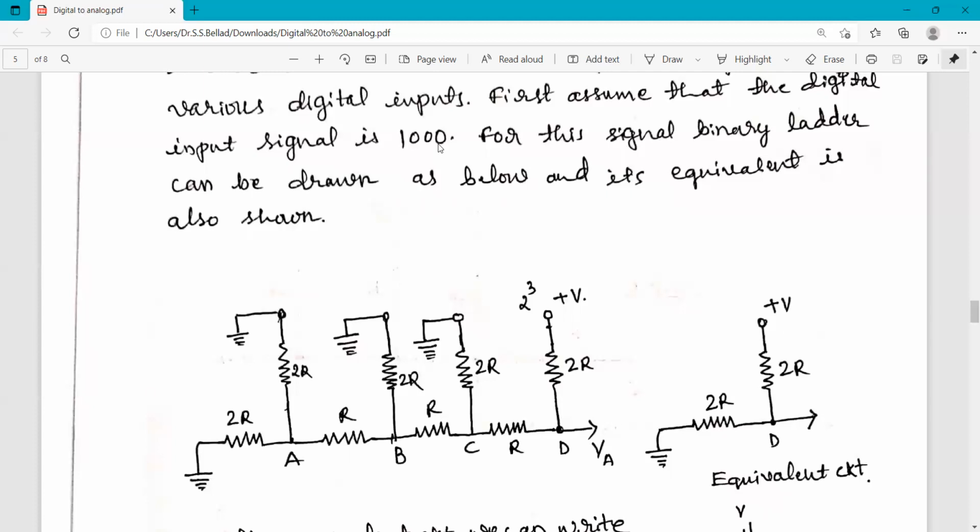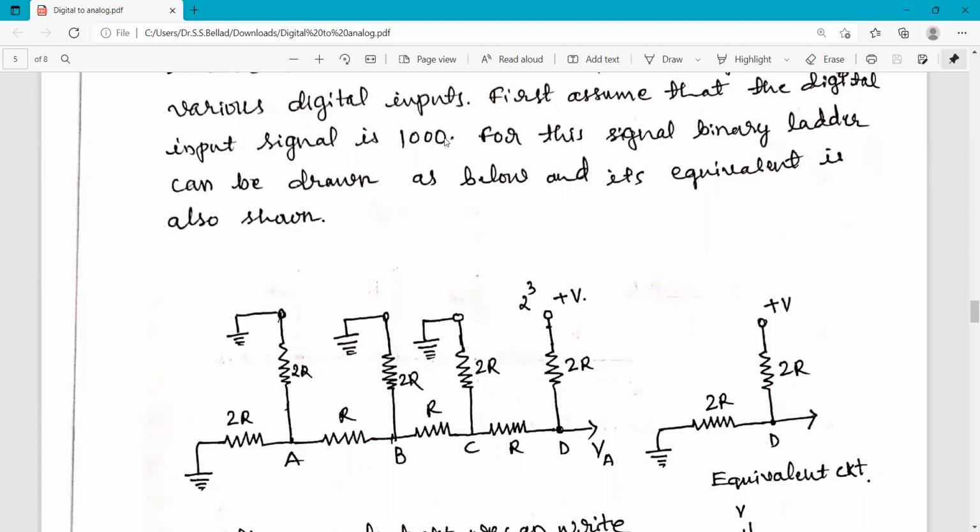As I told in my earlier class, this is the MSB. One is in the MSB position, and this last 0 is in the LSB position. That is why you have to start identifying the bits from the right. So it is 2 raised to 0 bit, 2 raised to 1 bit, 2 raised to 2 bit, 2 raised to 3 bit. That means 1 is under the 2 raised to 3 bit.